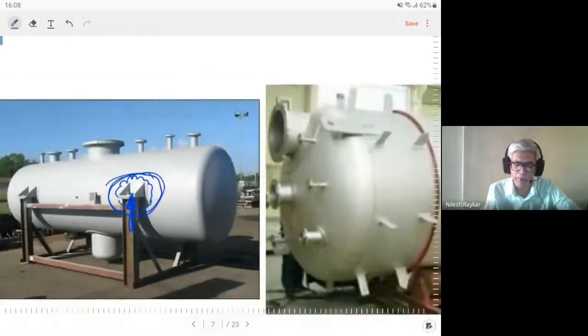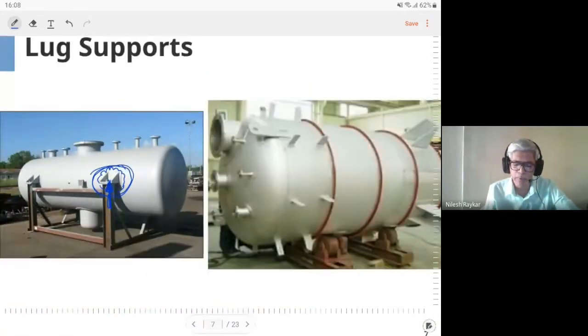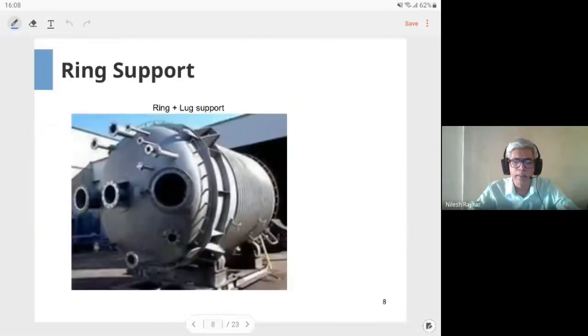So at that point, for more uniform distribution, you provide a support ring all around the circumference of the vessel, and this ring is in turn supported onto the steel structure which is around the vessel. Onto this ring, you can attach further brackets or lugs as shown in this particular figure.